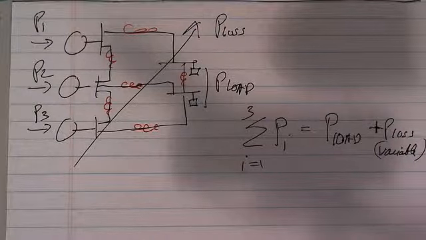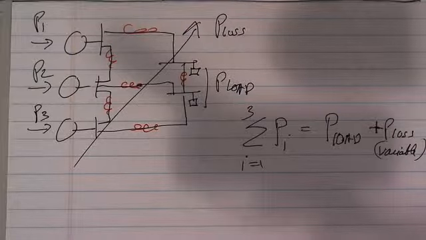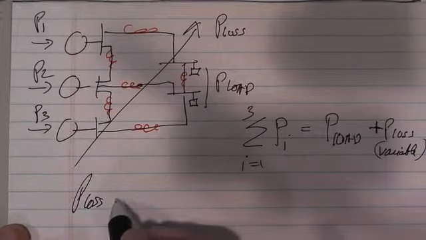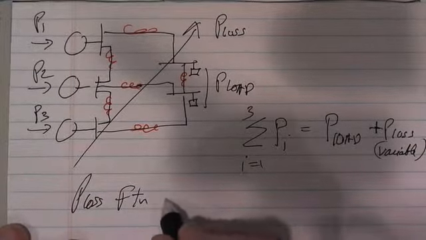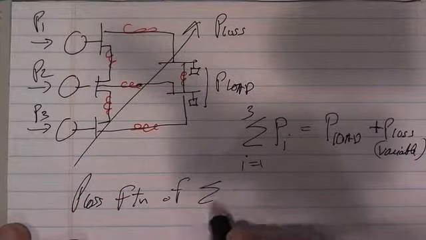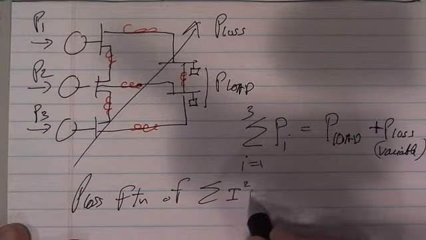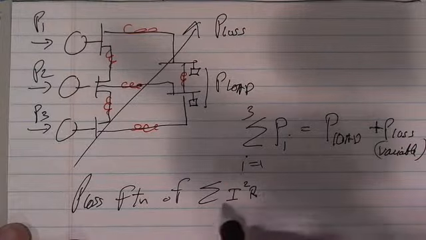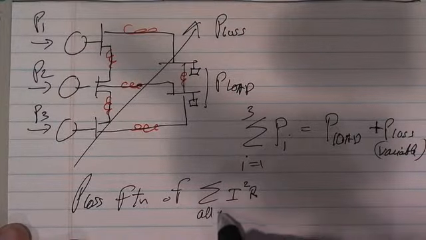It is not a fixed number. We will do some problem solves where we assume it's just a number, but generally P loss is a function of the sum of the I squared R loss over all transmission lines.